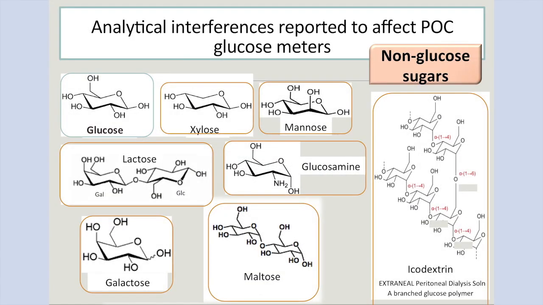As Nam pointed out before, lots of different compounds have been reported to interfere with glucose measurements. They're non-glucose sugars, and I just call them a case of sugar confusion. Can your device actually distinguish these, so that you're properly identifying glucose?